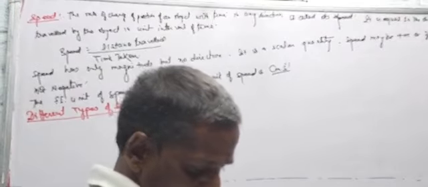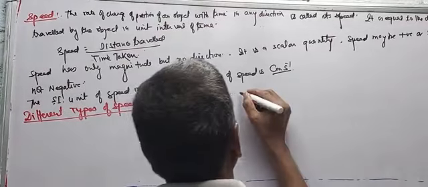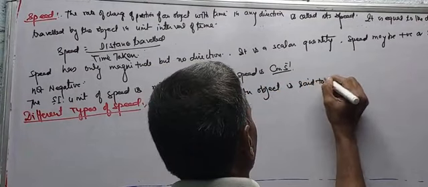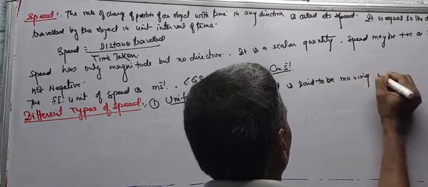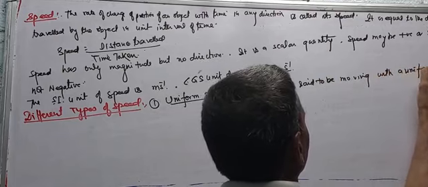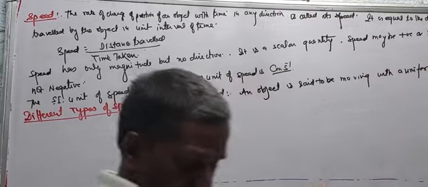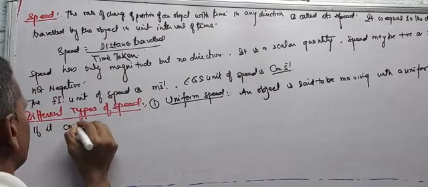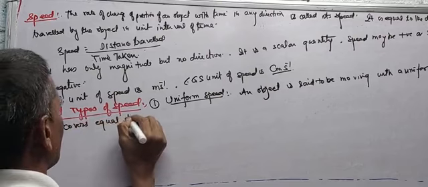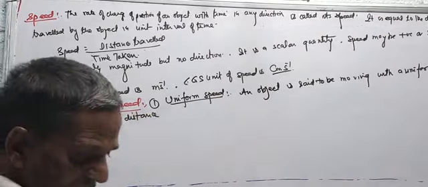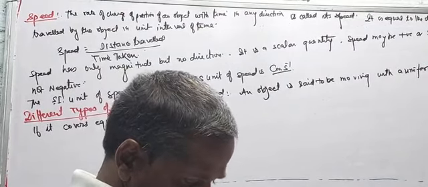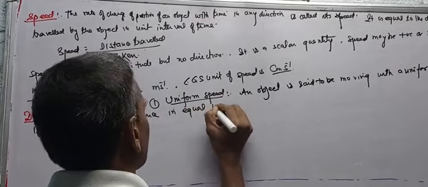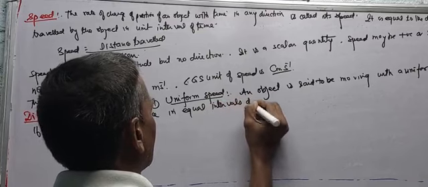An object is said to be moving with uniform speed if it covers equal distance in equal intervals of time.